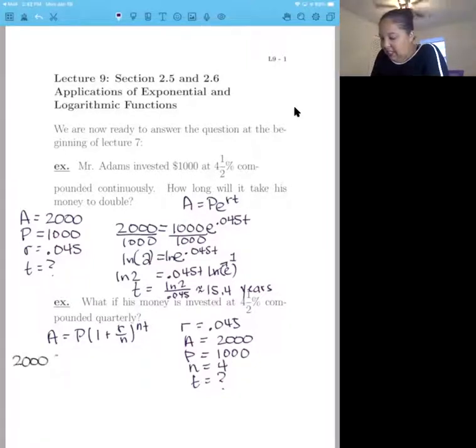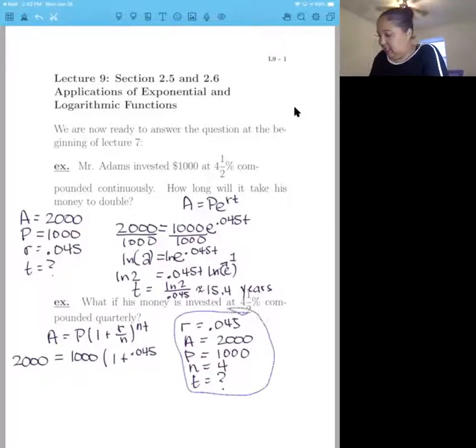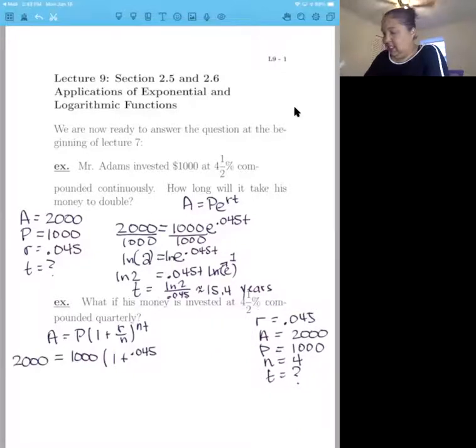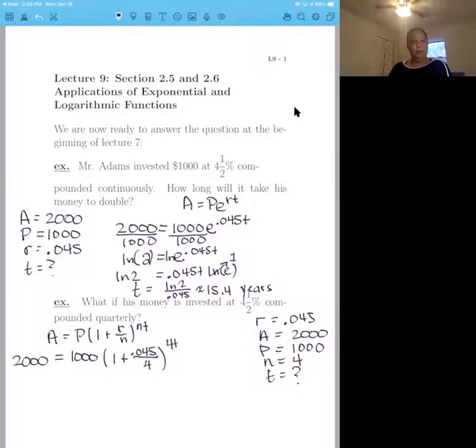So we're going to plug all that in. 2,000 equals 1,000 times (1 plus 0.045 over 4) to the 4t. I'm going to do the same thing that I did the first time. I'm going to divide by 1,000.